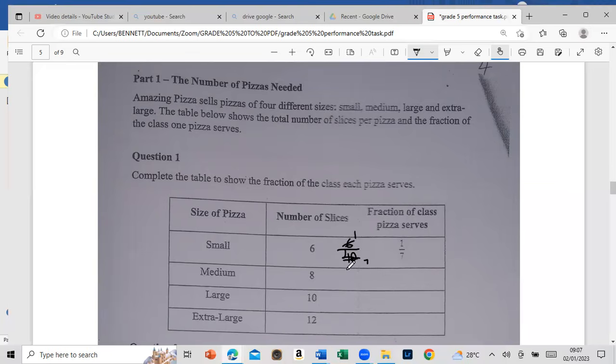So we're gonna do the same pattern. It's gonna be 8/42, and then we break it down. We can divide by 2. So that's 4 over 21. So for this one, it's 4 out of 21.